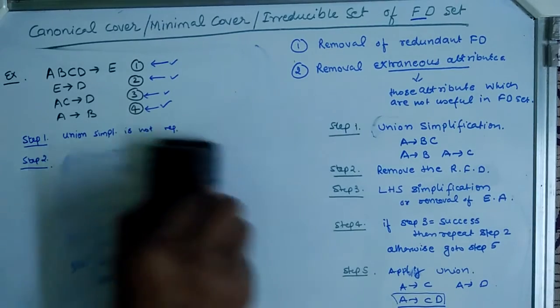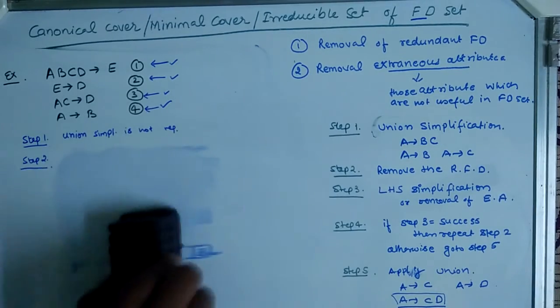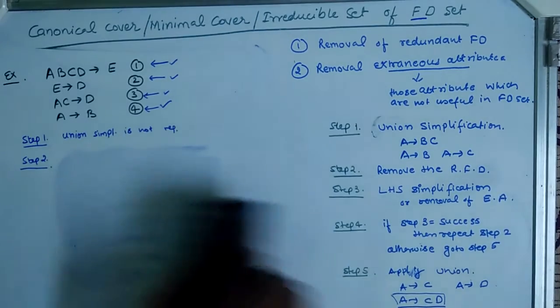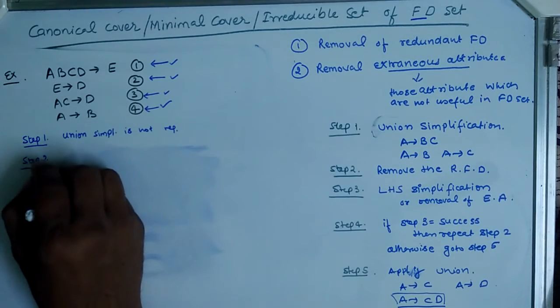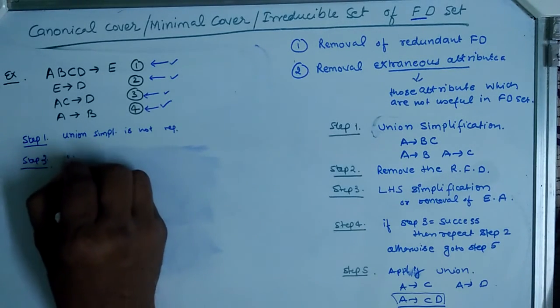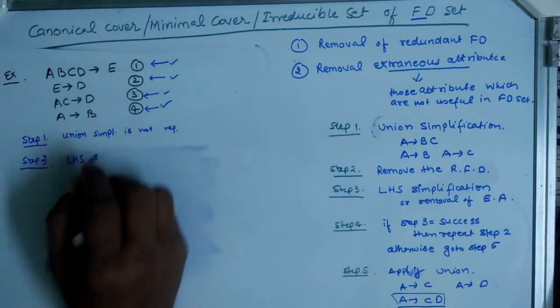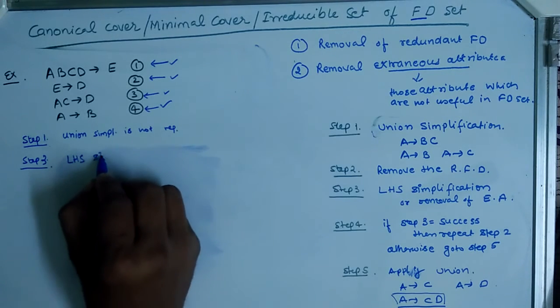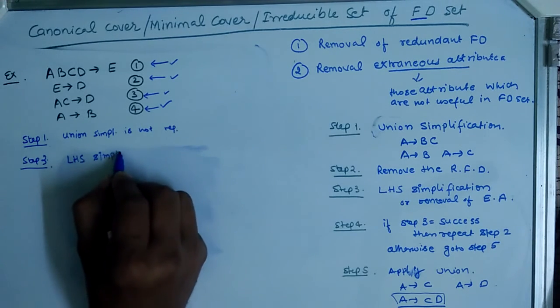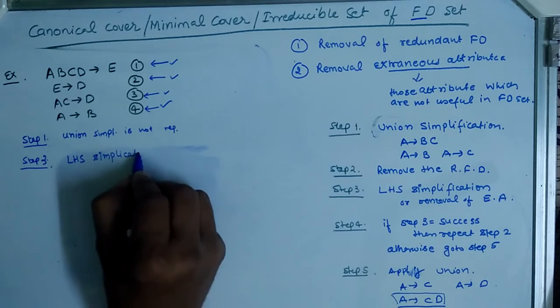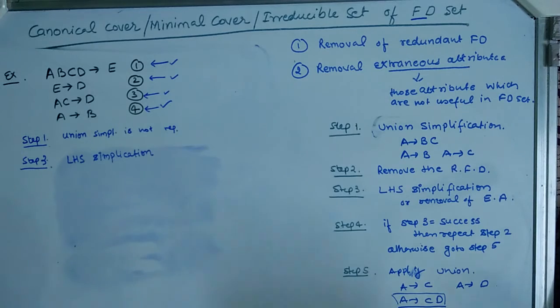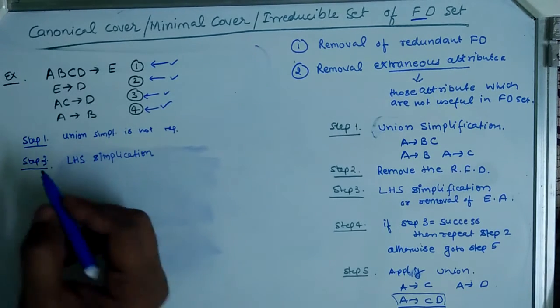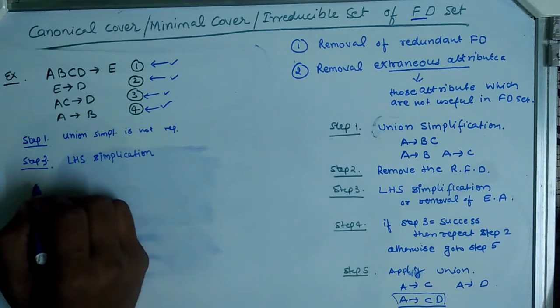So now in step 3 we need to remove the extraneous attributes. This step is also called LHS simplification. So for each functional dependency we have to check whether it contains any extraneous attributes or not.